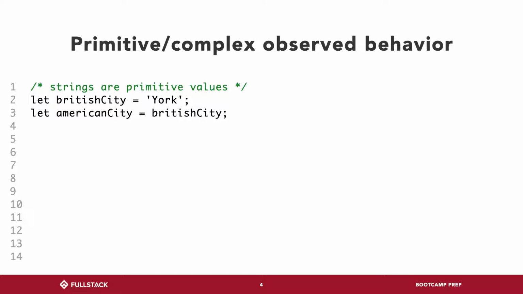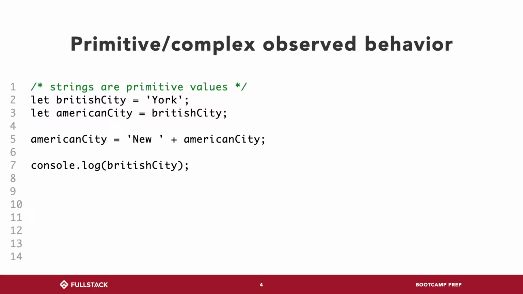Strings are primitive values. So if I say let British city equal York, and American city equal British city, and American city equals new plus American city, and we console.log British city, we still get York. Even though we originally said American city was equal to British city, right?